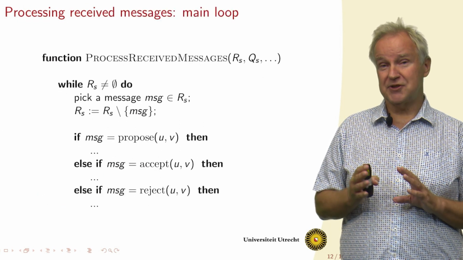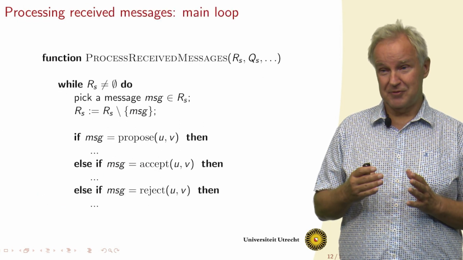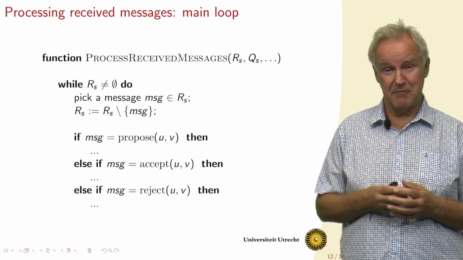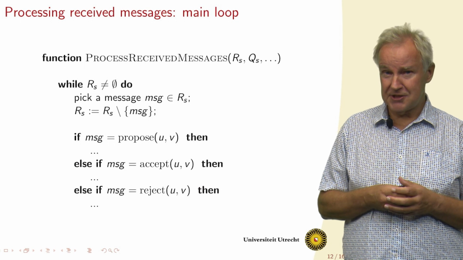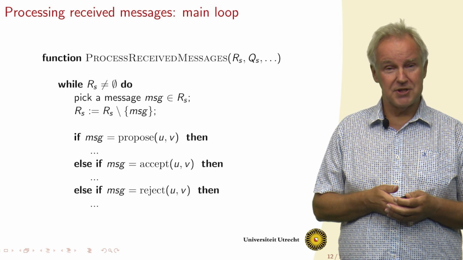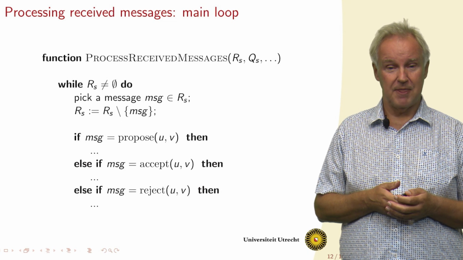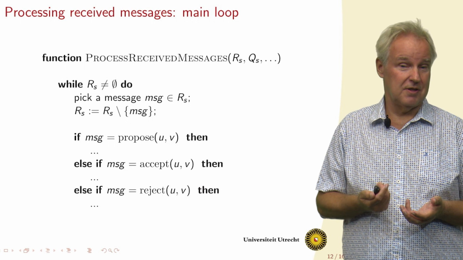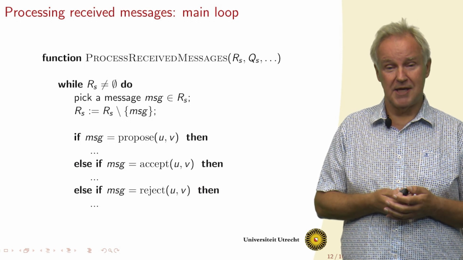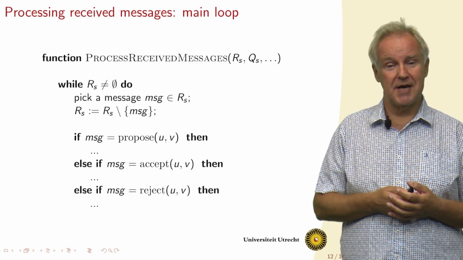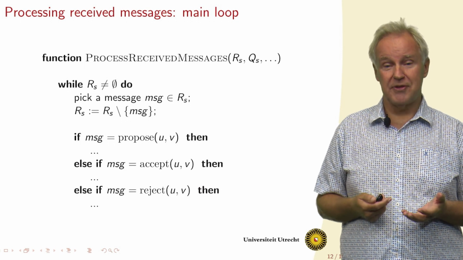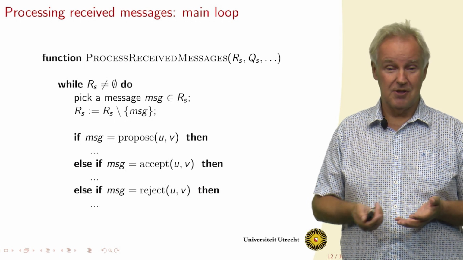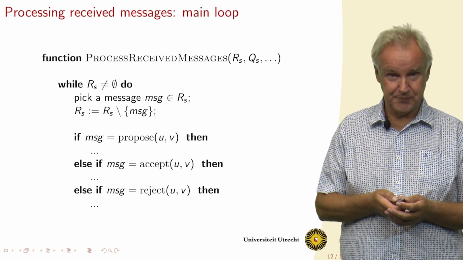Then we have seen the whole part of picking vertices from the queue, etc. But we didn't discuss yet the processing of the received messages. It's very simple. You pick messages one by one from the queue Rs, remove it from Rs, and then you have to do something based on what type of message it is: a proposal, an accept, or a sad reject.